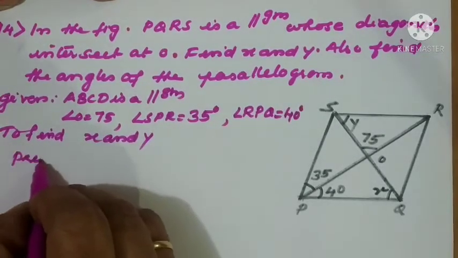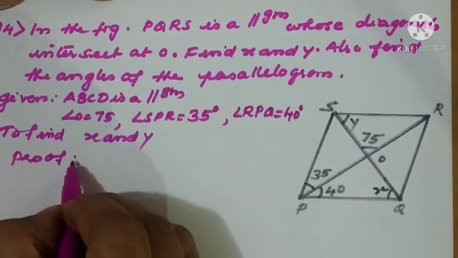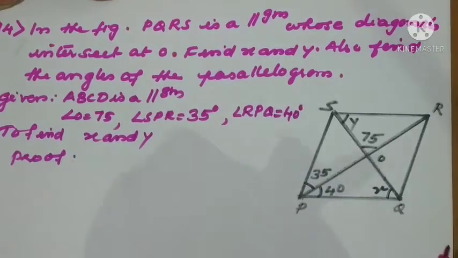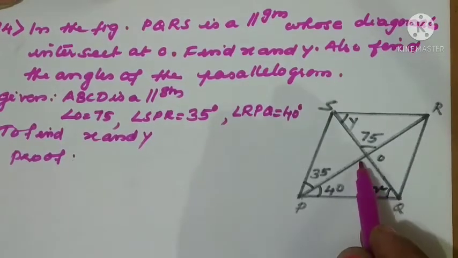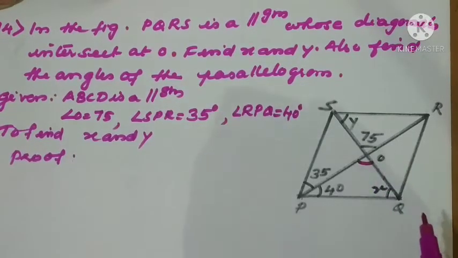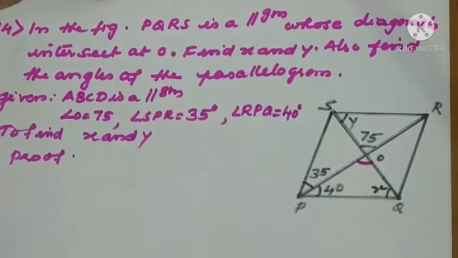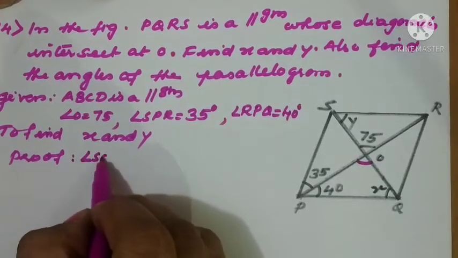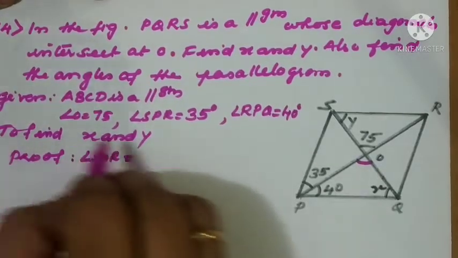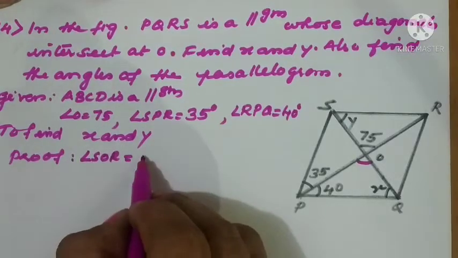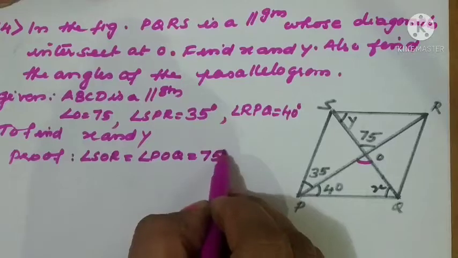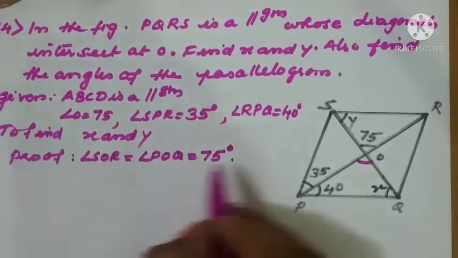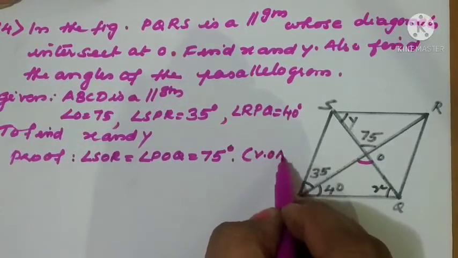Proof. Angle O, that is SOR, is 75 degree. What about this angle? It is also equal to 75 degree by vertically opposite angles. So angle SOR equals angle POQ equals 75 degree, vertically opposite angles.